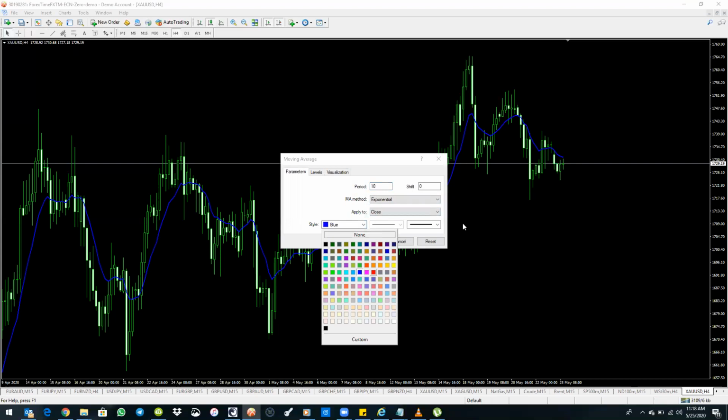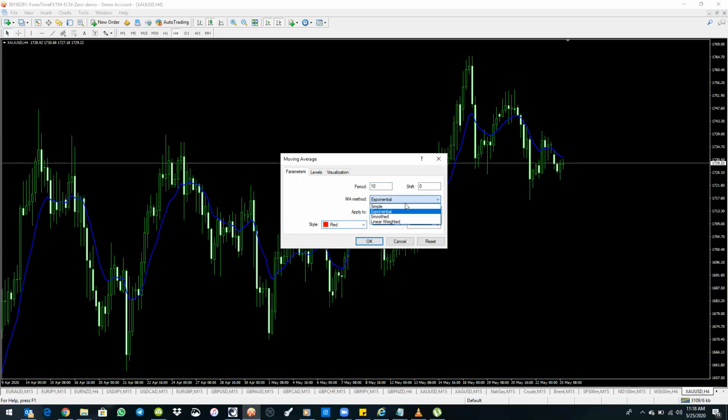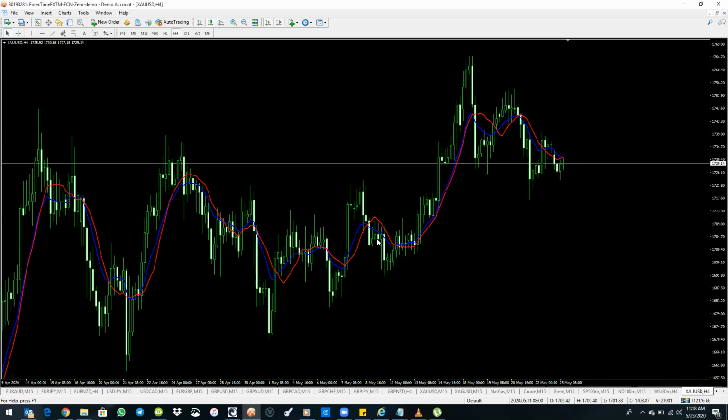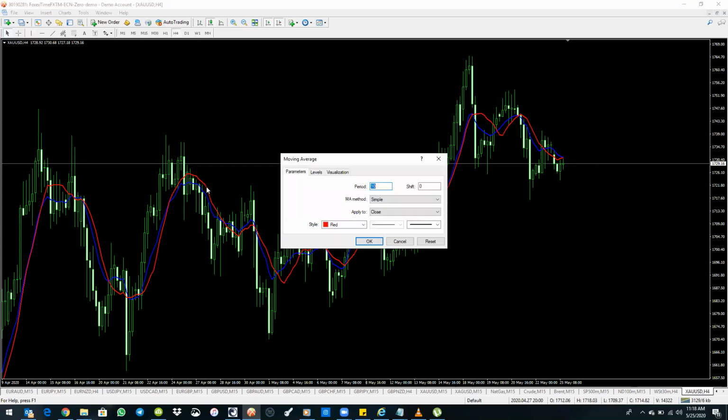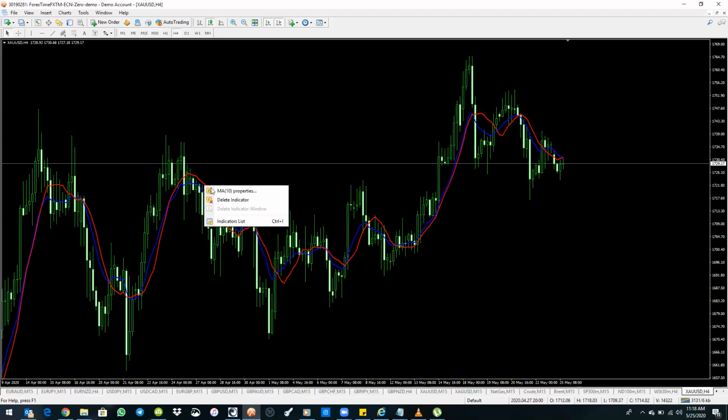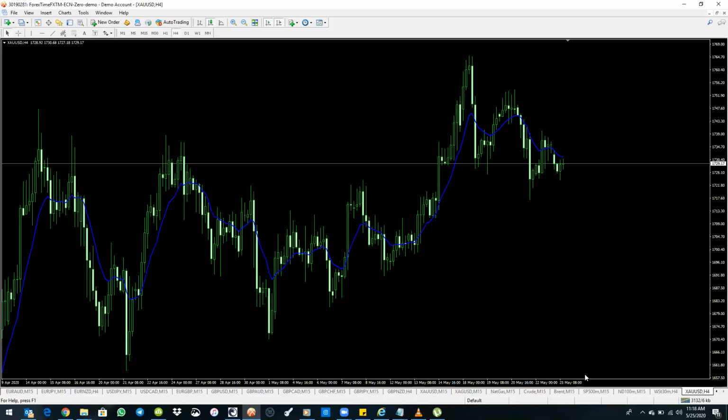Let's make this red and let's make this simple so that you can just see the difference between the simple and the exponential. The exponential is in blue, the simple is in red. So I'm going to remove this since we are focusing more on the exponential.